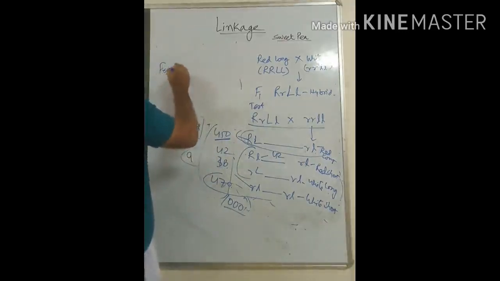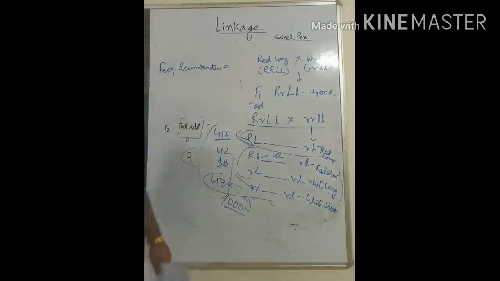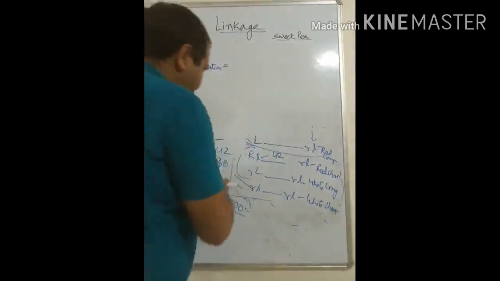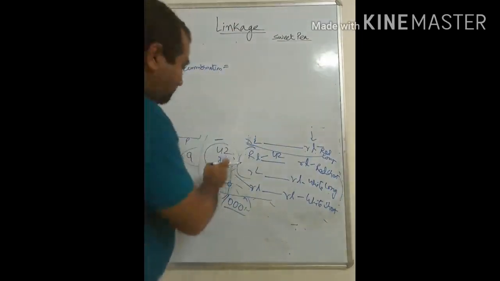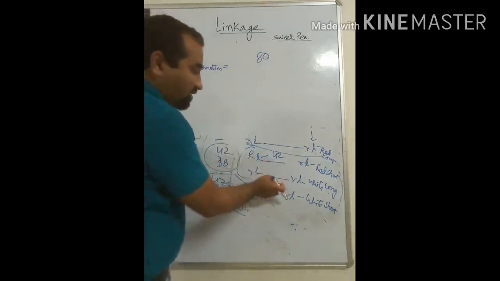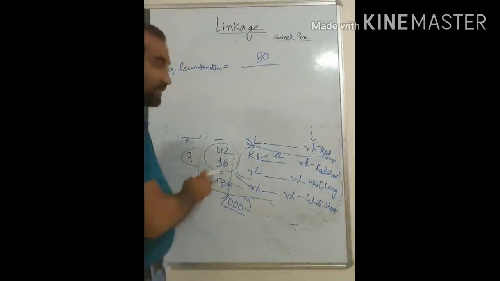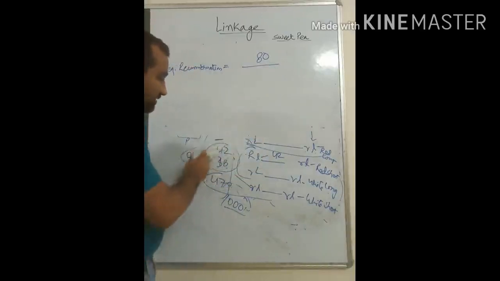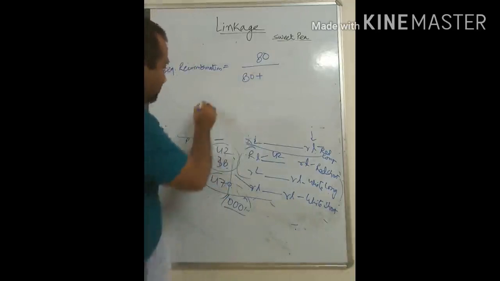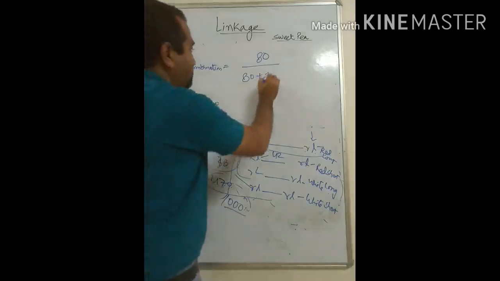It is calculated as the total number of recombinants divided by the total number of recombinants and non-recombinants. Here the recombinant plants were 80, red and short, white and long, and the non-recombinants are 470 plus 450, which is 920.